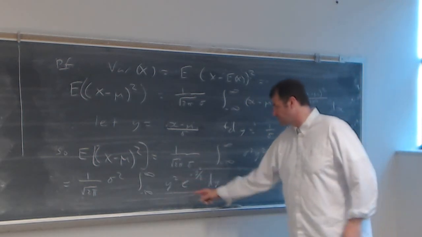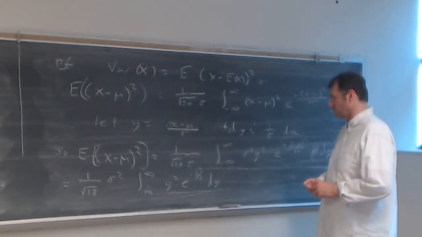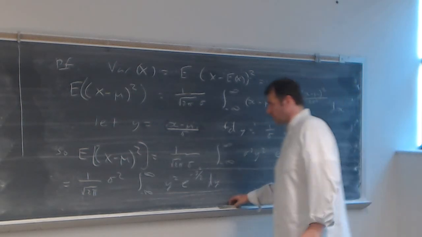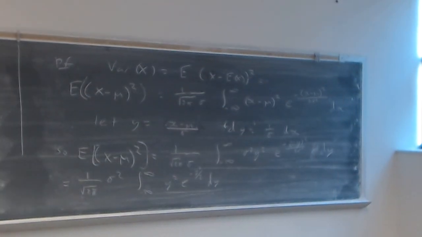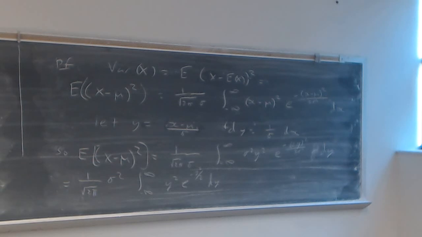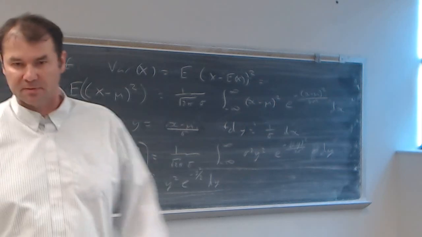Okay, so we've got to be able to work with this, and the way that we're going to work with this is through integration by parts. I'm going to rewrite it on this side of the board and just write down the integration by parts method here on the left side of the board.